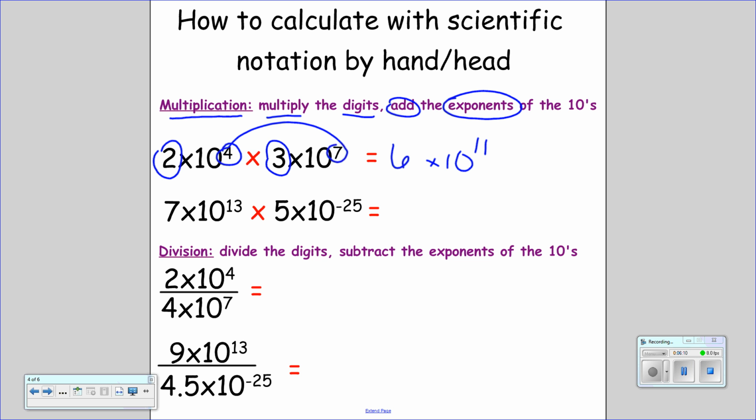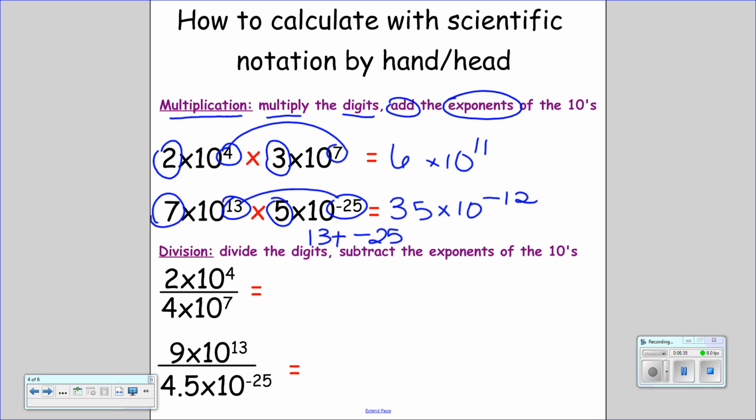Let's do it again. Multiply the digits. 7 and 5. That's 35. Add the exponents. 13 plus negative 25. That means it's times 10 to the negative 12.